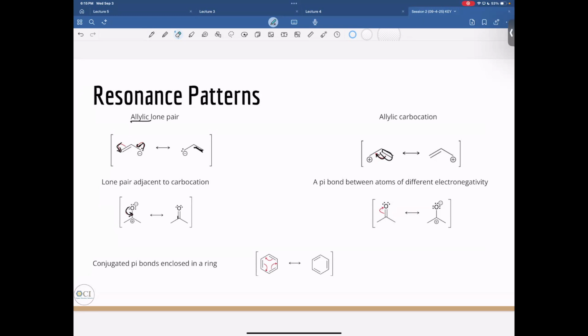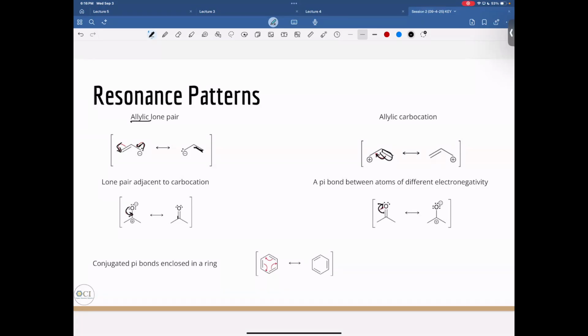So it's going to pull these electrons from this double bond to itself and create charges on both the oxygen and the carbon right here. And usually when we do resonance structures, it's not good if we make more charges, but in this case, this pattern is going to be valid because sometimes you can make more resonance structures from it because you create more charges. But a general rule though is creating more charges is bad during resonance.